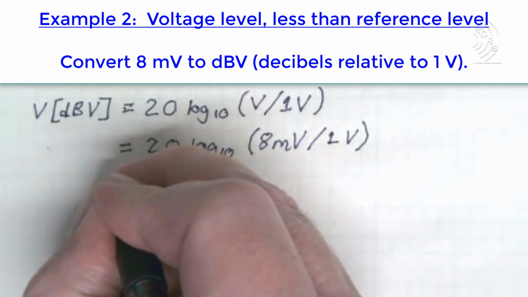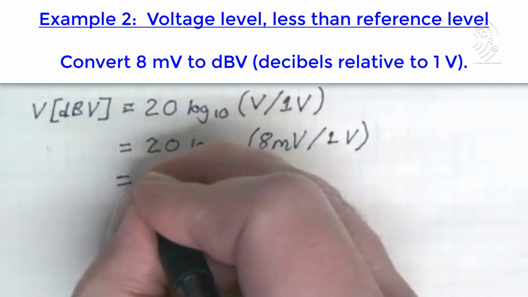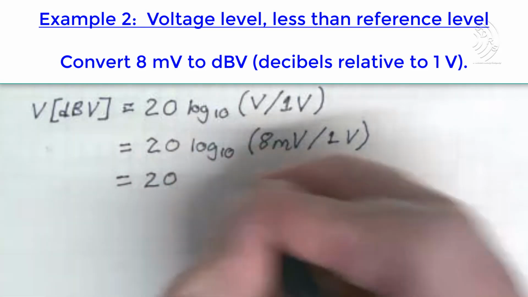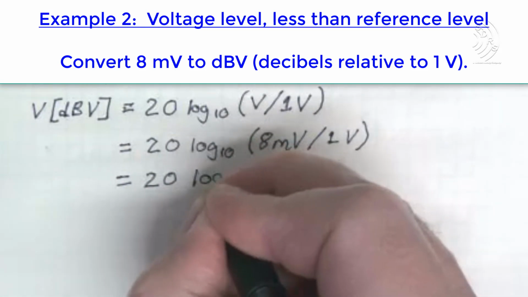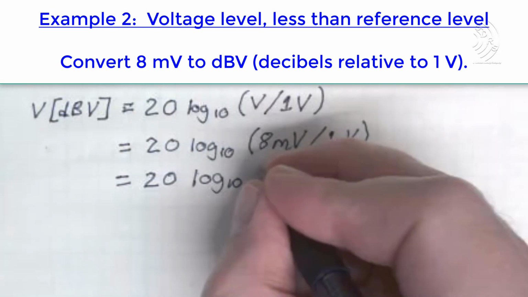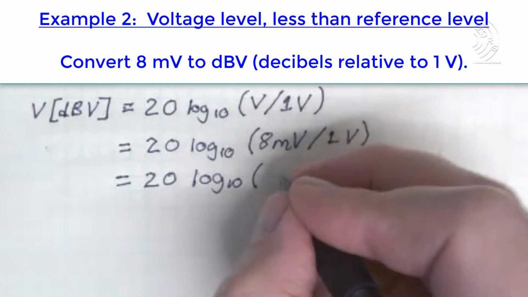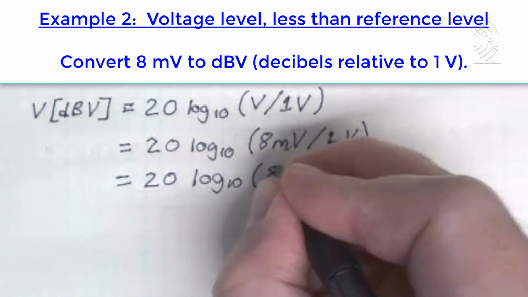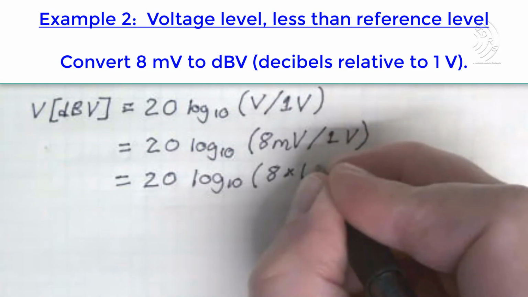And we can further simplify this, and this will be 8 times 10 to the negative 3.